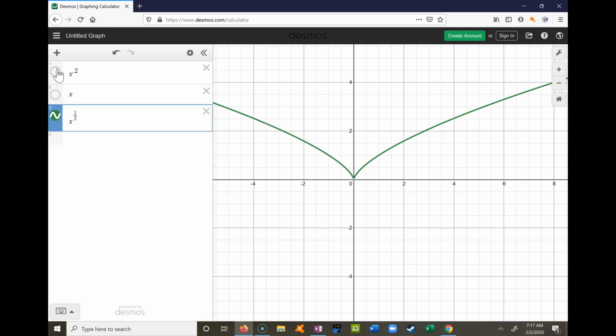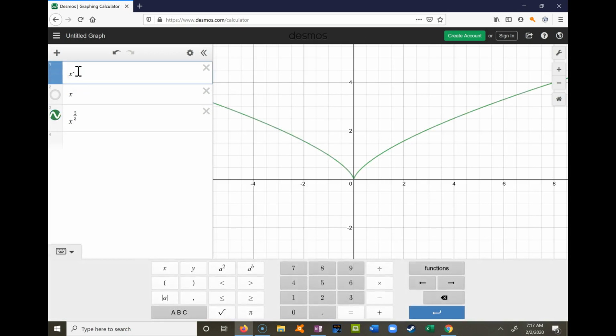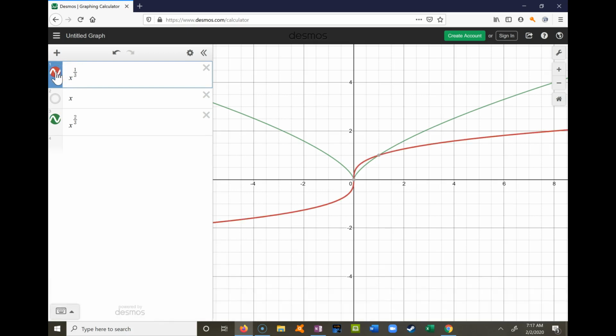So it's kind of like the cube root, but because of that squaring, it changes the steepness of it, but it also flips it over to the other side because of the square. I can never have positive y values. So that's kind of a fun one.